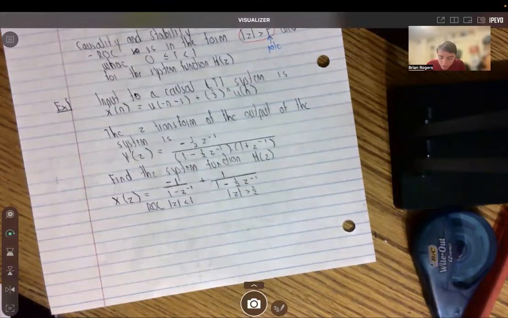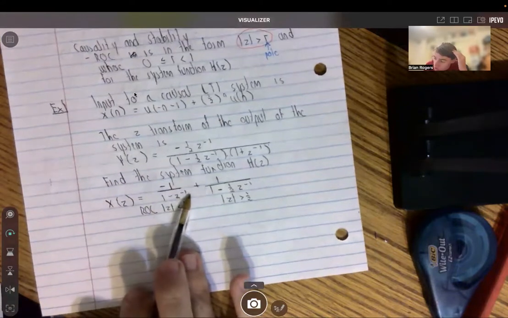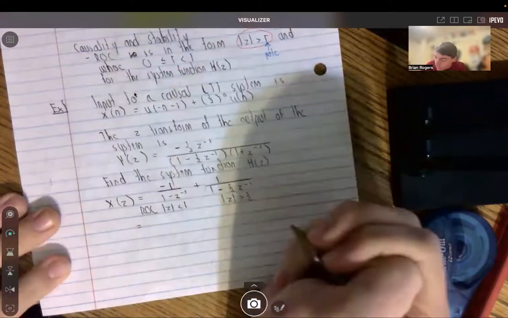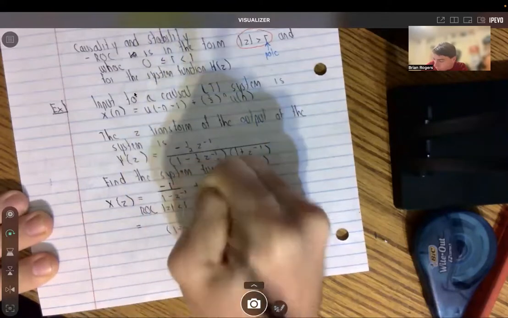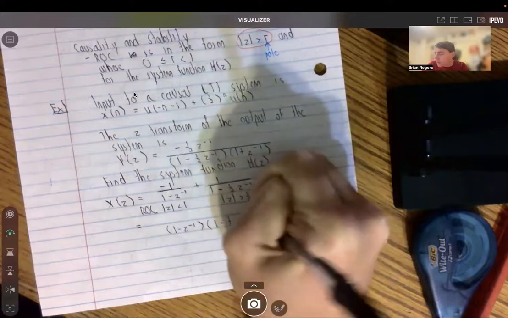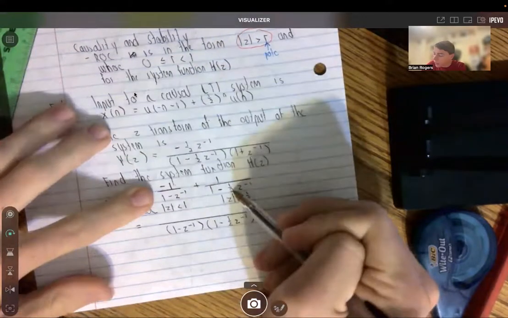And what we're going to do is find the common denominator, and then simplify it. So for x of z, for the common denominator, I'm going to do 1 minus z to the -1 times 1 minus 1/2 z to the -1. Then when you multiply in the numerator, this side is multiplied by this denominator.